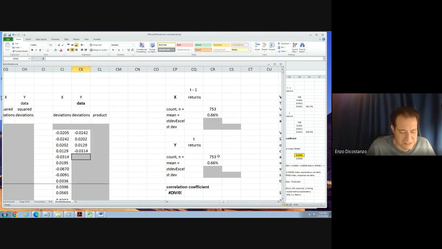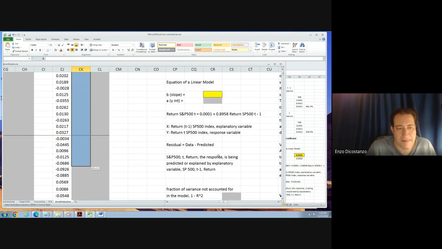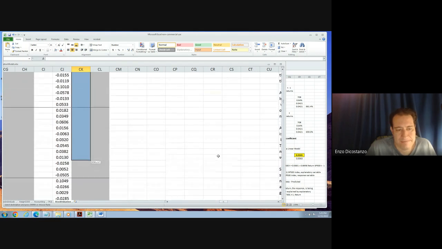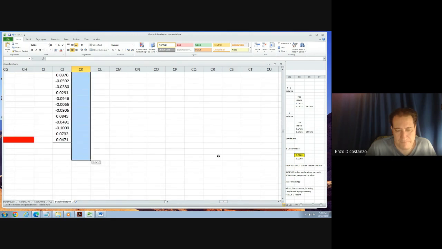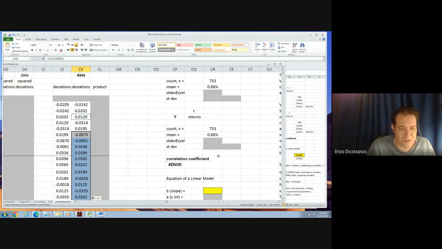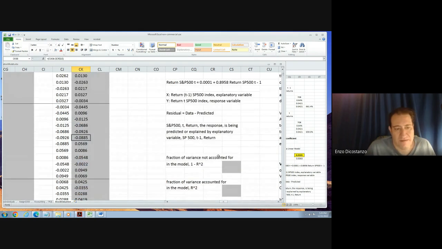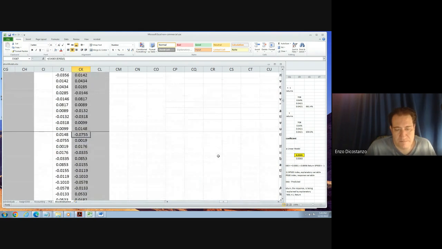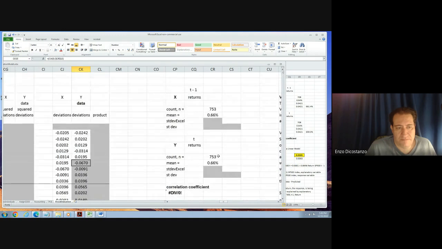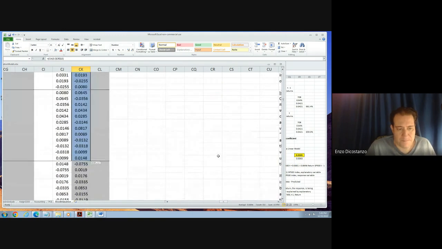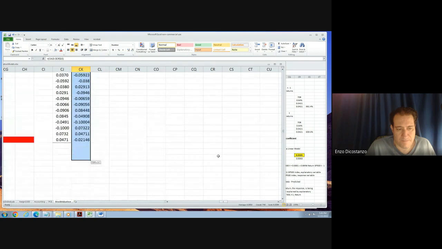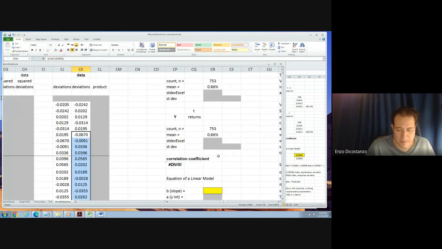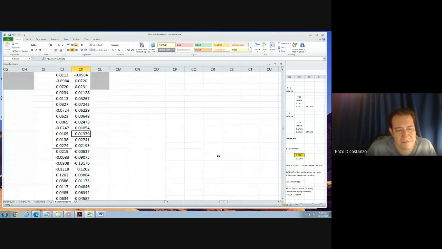All right, these are just the deviations. And now it's in decimals, not really percentages. So we're going to copy this. Both HV formula. Okay, so we're here with this.